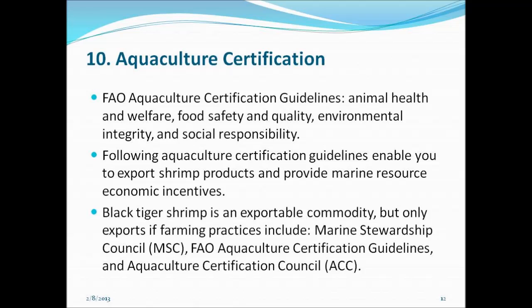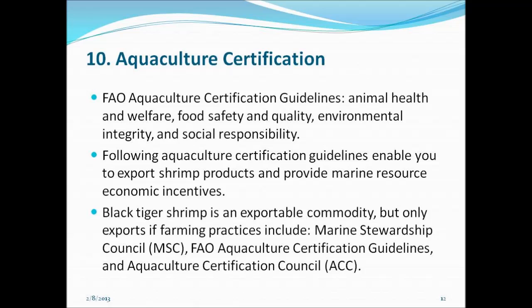Everything we discussed earlier, and everything that we will discuss, involves animal health and welfare, food safety and quality, environmental integrity, and social responsibility. Following aquaculture certification guidelines will enable you to export shrimp and provide marine resource economic incentives.